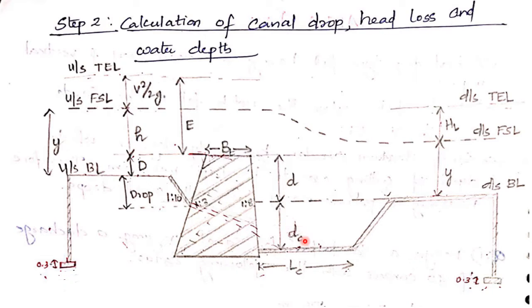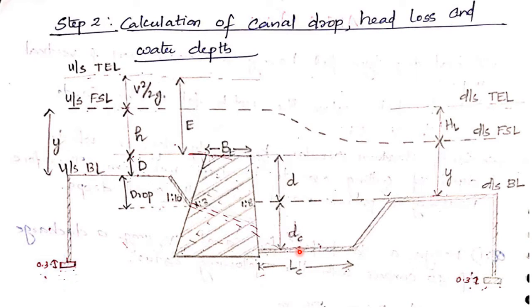Then we have dc, the gap between downstream bed level and bottom of the water cushion. Then there is lc, the length of the water cushion from the toe of the crest wall to the point where the transition starts. So this is lc.